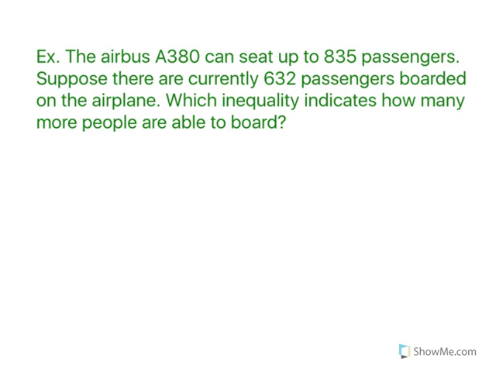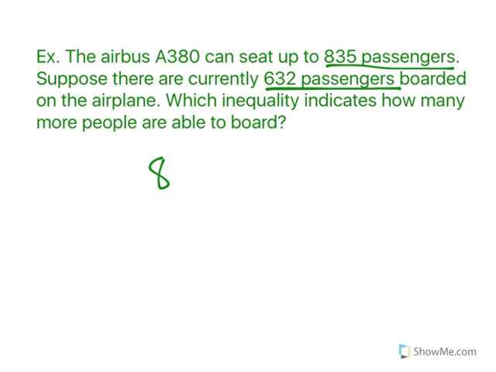Lastly, it says the Airbus A380 can seat up to 835 passengers. So we have a plane that can seat up to 835 passengers. I'm underlining this. Suppose there are currently 632 passengers boarded on an airplane, which inequality indicates how many more people are able to board? Okay, so we have to figure out this inequality.